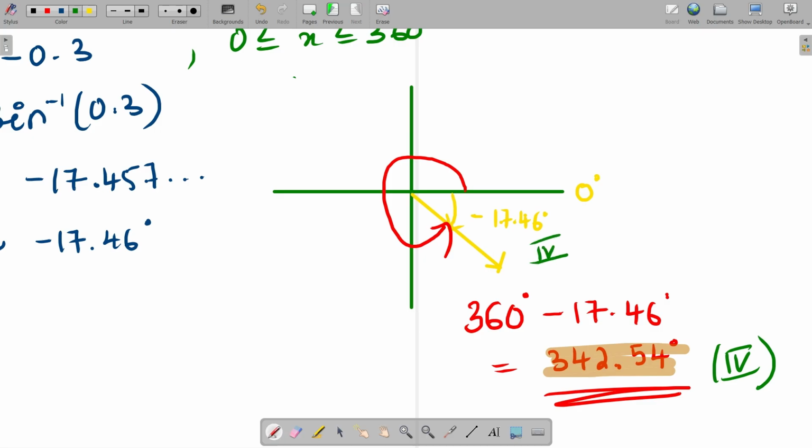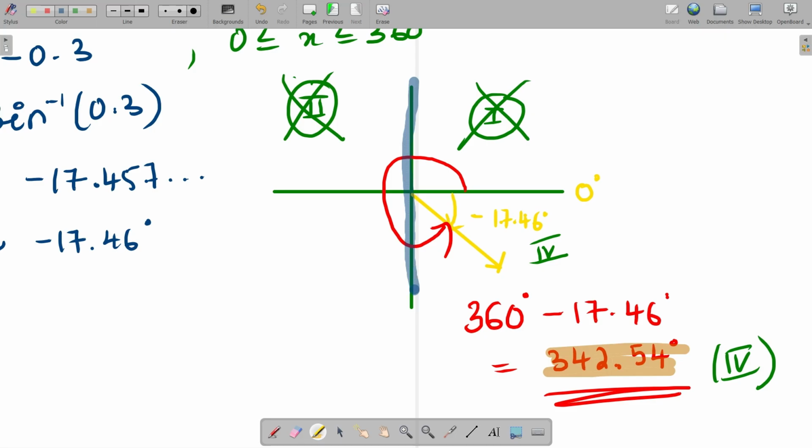There is one more place where sine can be negative. If I know that sine is only positive in the first and second quadrant, I'm not going to focus on those at all. Okay, so I know that sine will also be negative in the third quadrant. Now again, we are going to use the concept of reflection, where this line is my mirror line, and I'm going to reflect it.